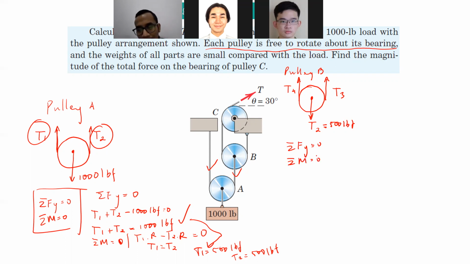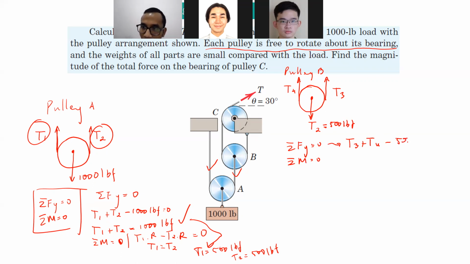Correct, right, Mario? Yes. Using sigma Fy equal to 0, what will you get, Mario? T3 plus T4 minus T2. Don't use T2 anymore because we know the value, right? When you know the value, don't put it as a variable.